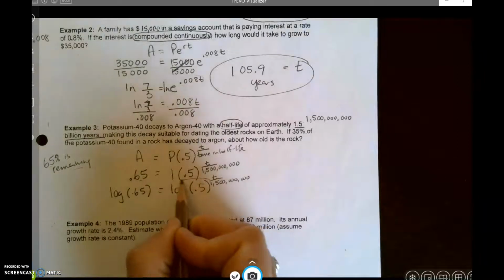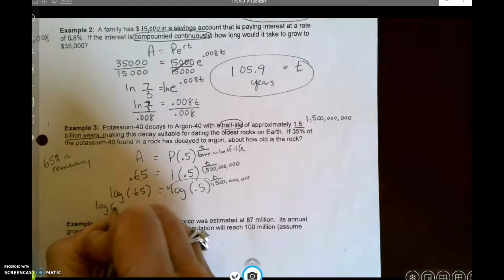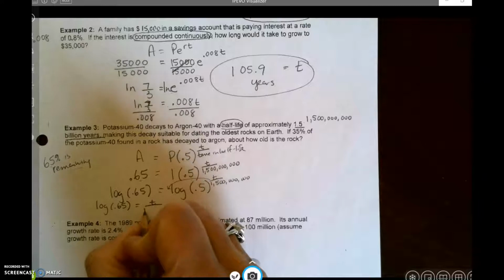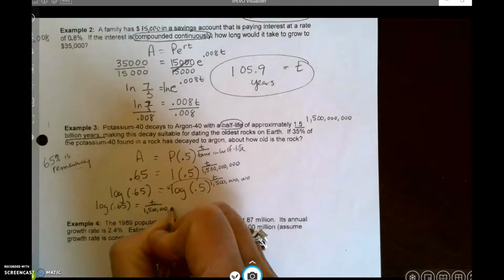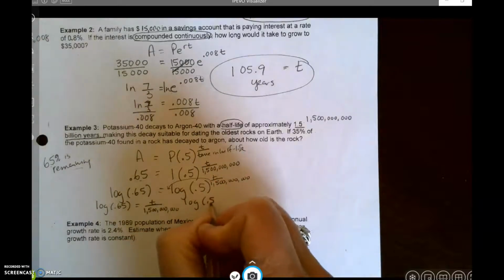I'm going to move my exponent to the front. So I have log 0.65 equals t over 1,500,000,000 log of 0.5.